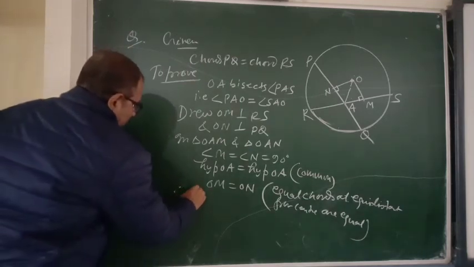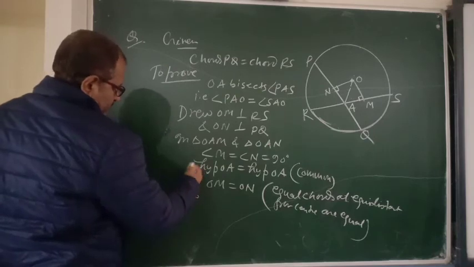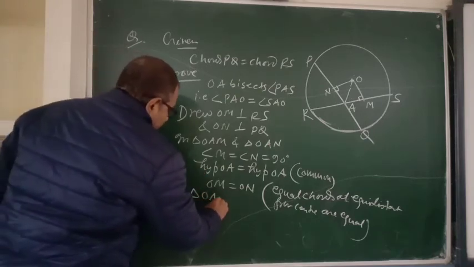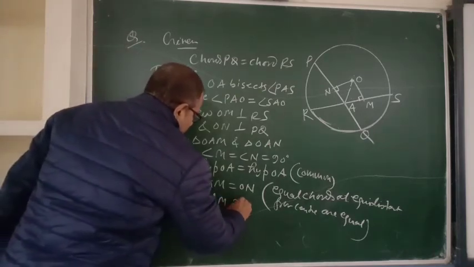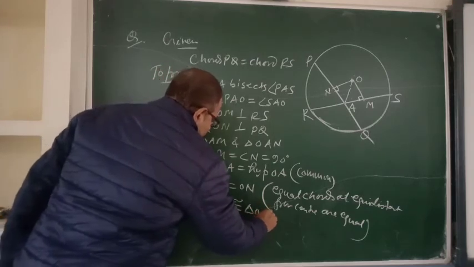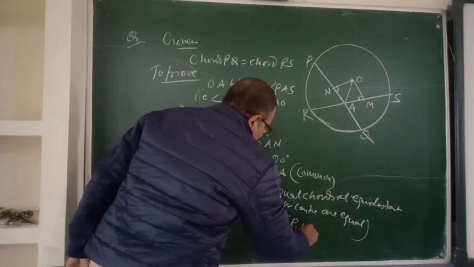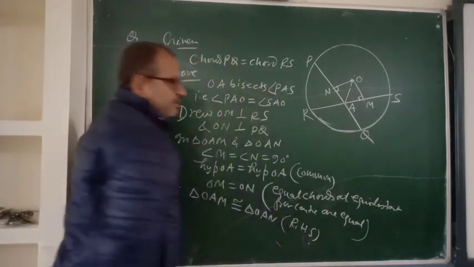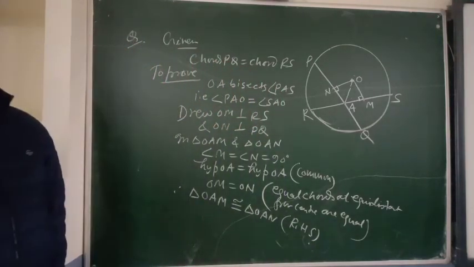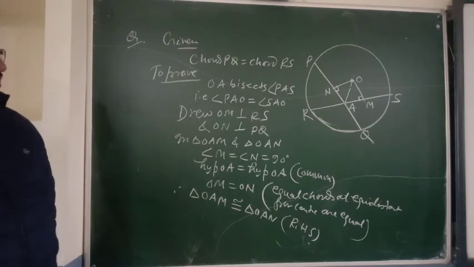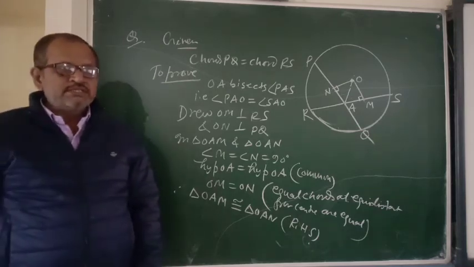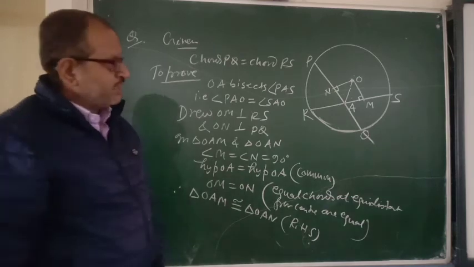So therefore triangle OAM is congruent to triangle OAN, by RHS congruency. By RHS congruency both the triangles are congruent. Then what can we write by CPCT? Corresponding parts will be equal.